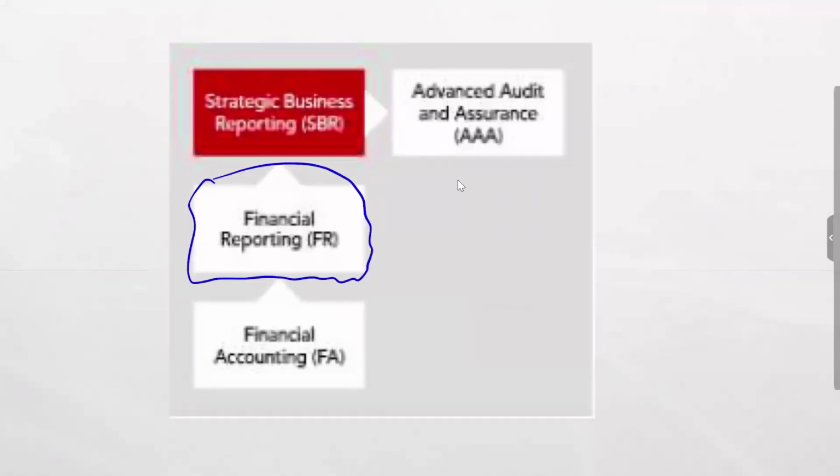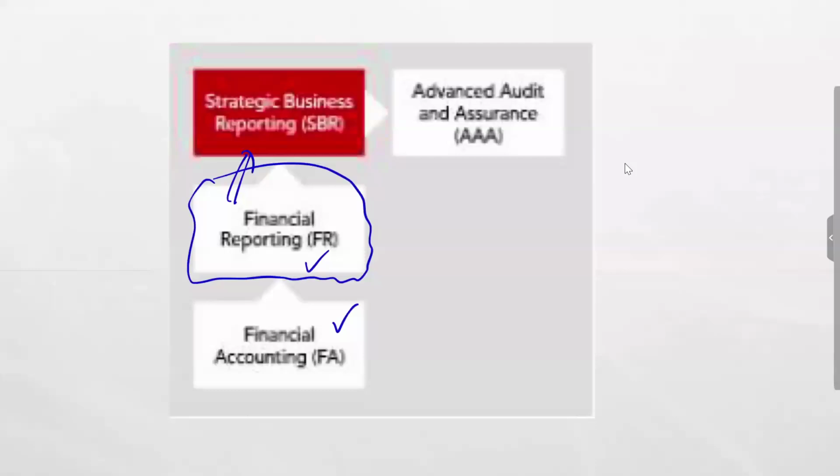You have studied financial accounting, and some of you have got exemptions from it. Then you have studied financial reporting, and again, some of you would have got exemptions from it, but then there is this SBR.